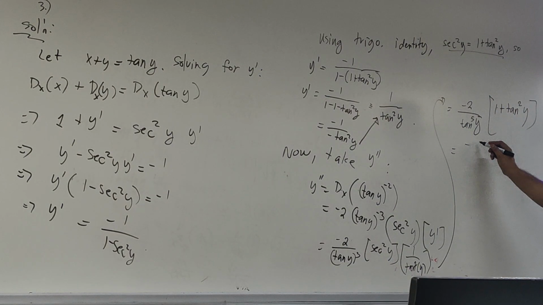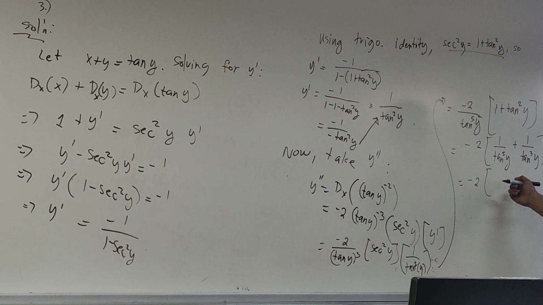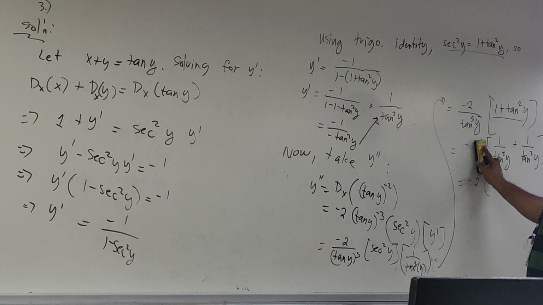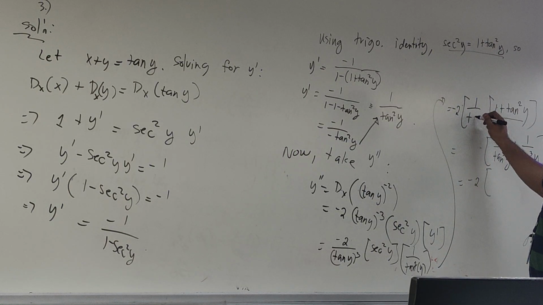So we have negative 2 times 1 over tangent fifth y plus 1 over tangent cubed y. Distribute the 1 over tangent to every term.